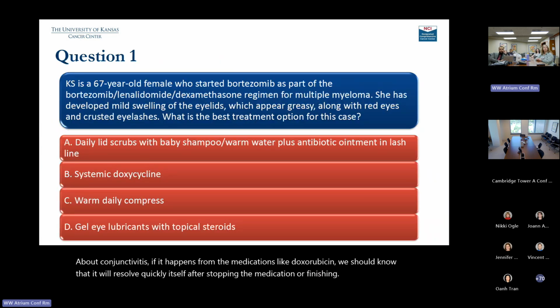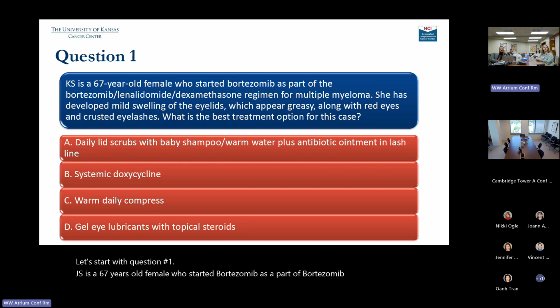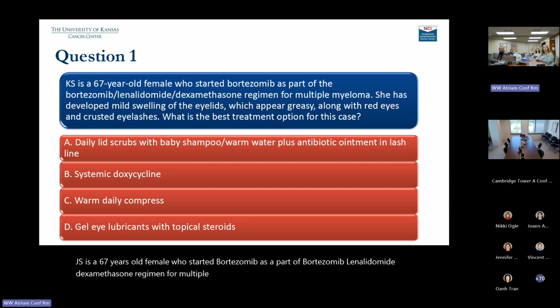Let's start with question number 1. KS is a 67-year-old female who started bortezomib as part of the bortezomib, lenalidomide, dexamethasone regimen for multiple myeloma. She developed mild swelling of the eyelids, which appear greasy, along with red eyes and crusted eyelashes.